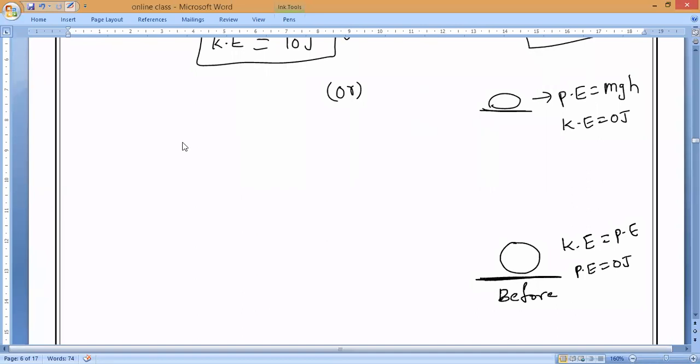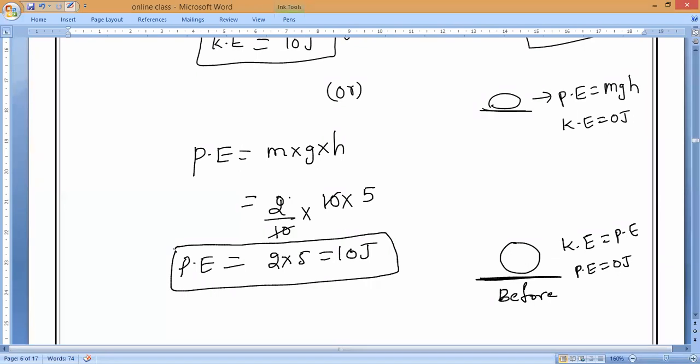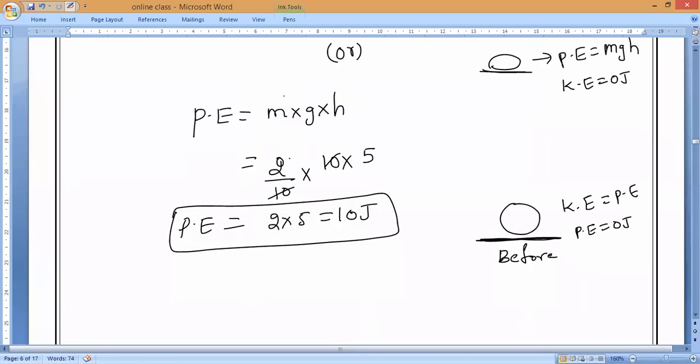For example, potential energy is equal to mass into g into h. Now you can check it, all of you. Mass is equal to 2 by 10, yes or no, guys? Into 10 into height, which is 5. Now see, the 10 will get cancelled. Now 2 fives are how much? 2 fives are 10 joules. That's all. So now you can put a statement here: according to the law of conservation of energy, before touching the ground, the complete potential energy is converting into kinetic energy.